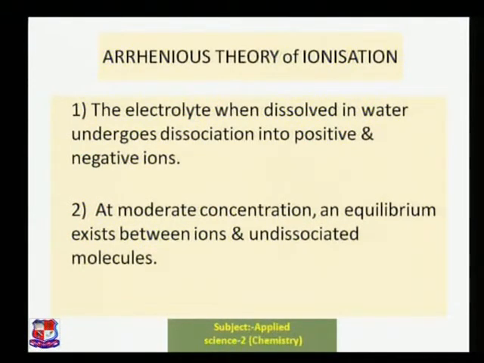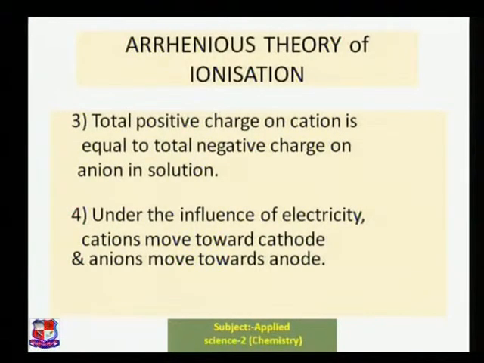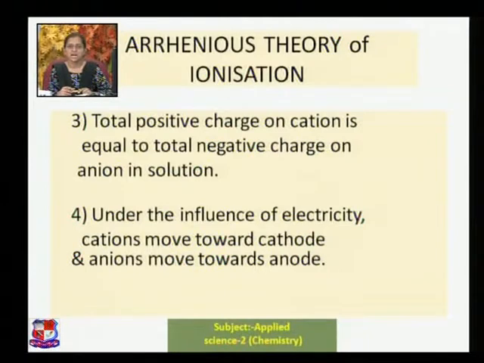The second point says that at moderate concentration, equilibrium exists between ions and undissociated molecules. The third point states that the total positive charge on cations is equal to the total negative charge on anions in the solution. It means there is a balancing of charges in the solution.